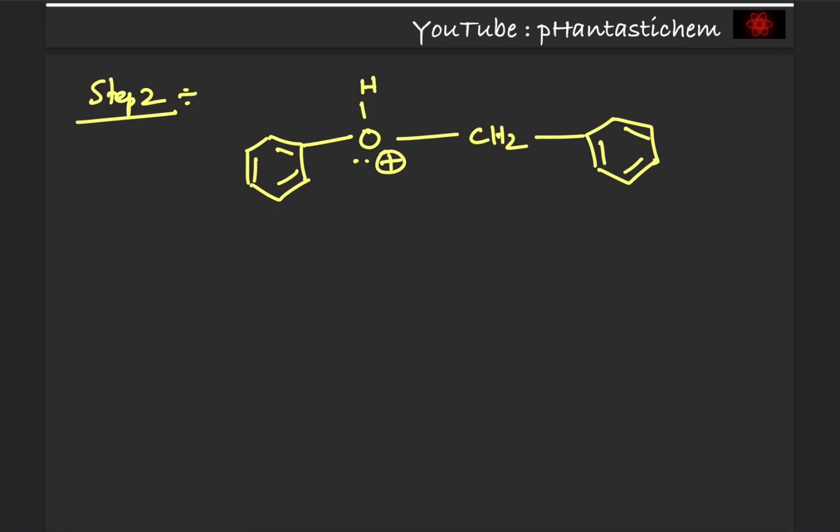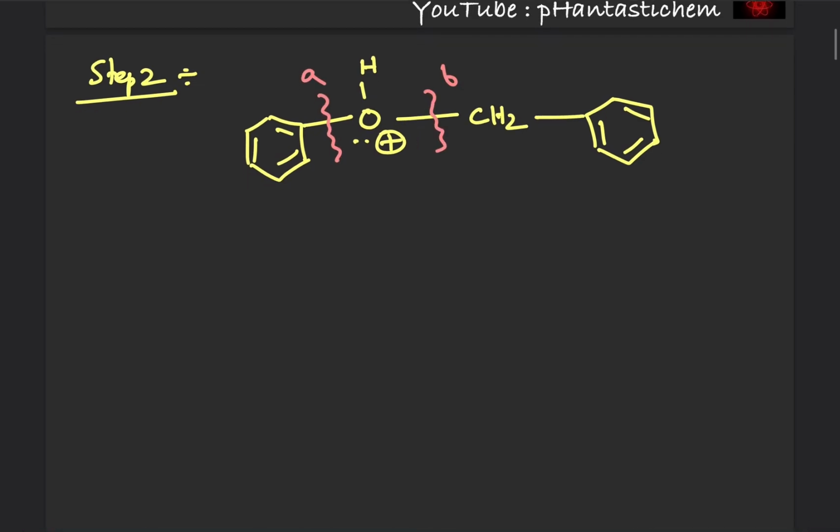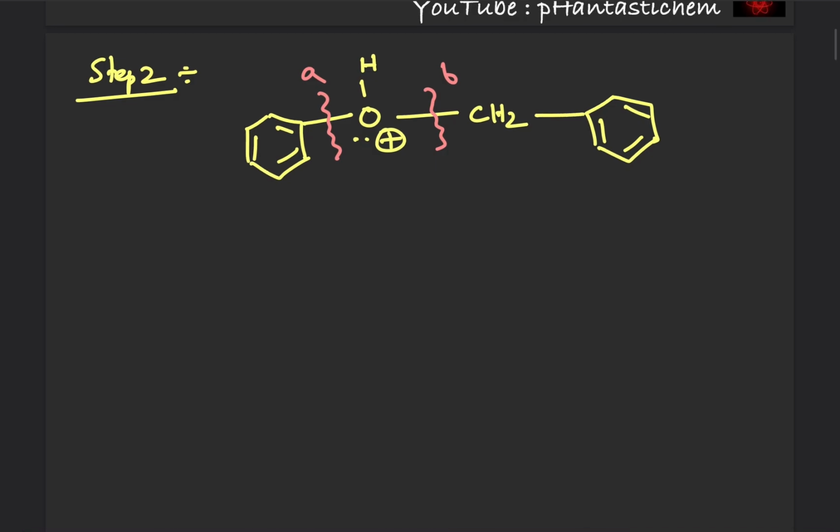I minus can attack and break either this bond, let's say this is A, or this bond, let's say this is B. In the oxonium ion, the bond between OCH2, that is bond B, is weaker than the bond between the benzene ring and O, that is bond A.